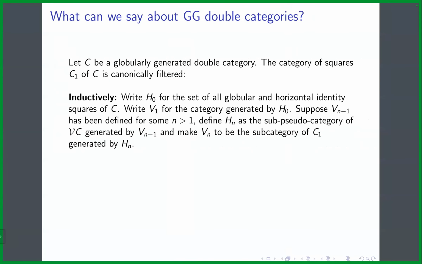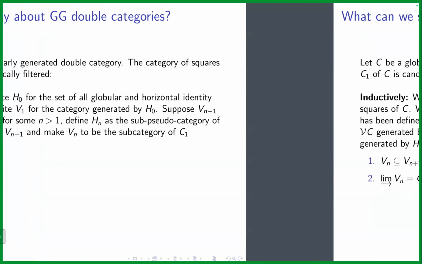Now, suppose Vn minus 1 has been defined for some n, then we define Hn as the sub-pseudo category of the category of squares of C under vertical composition generated by Vn minus 1. Oh, sorry. So Hn is the sub-pseudo category of the category of squares of C under horizontal composition generated by Vn minus 1, and then make Vn to be the subcategory of C under vertical composition generated by Hn.